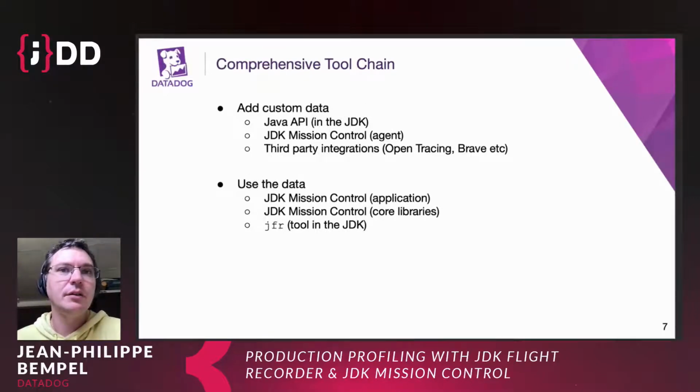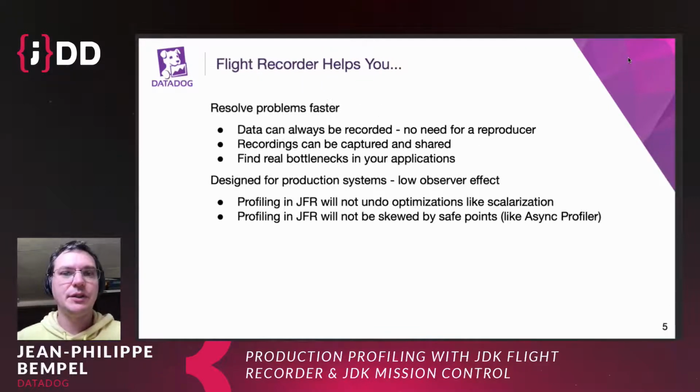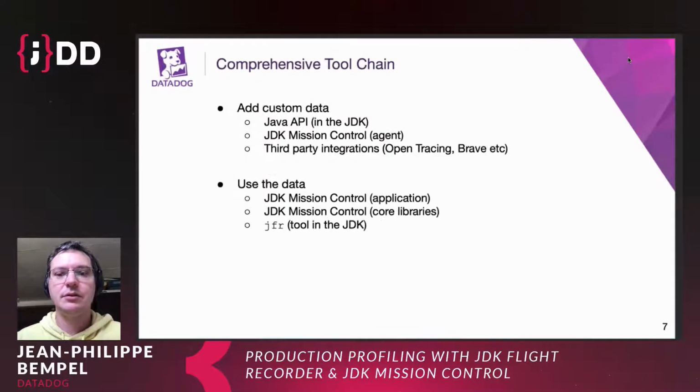You can add custom data events through a Java API using the JMC agent or by third-party integrations like OpenTracing, Brave, etc. To consume the recorded data, you can use the JMC app, but also the JMC core libraries or the jfr command line tool provided in the JDK.